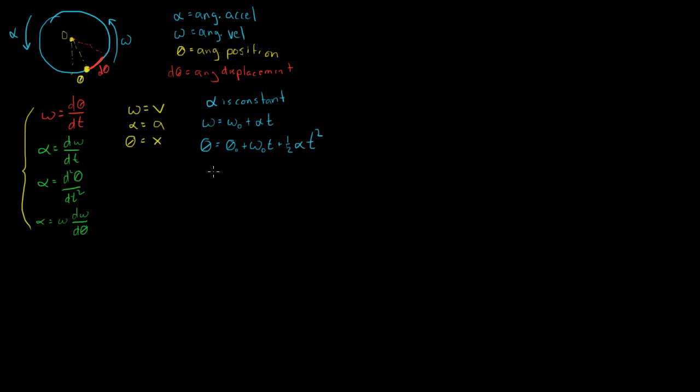And the final angular velocity squared is equal to the initial angular velocity squared plus 2 times the angular acceleration times the change in angular position.